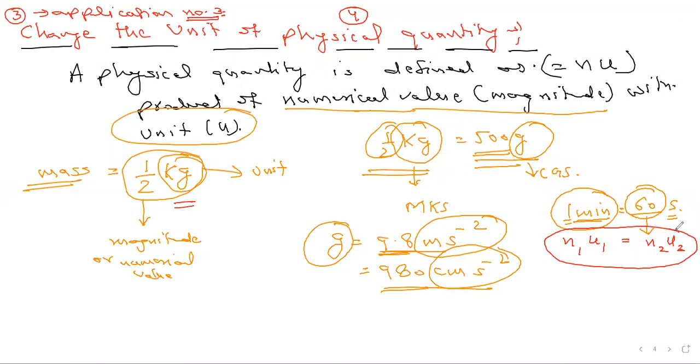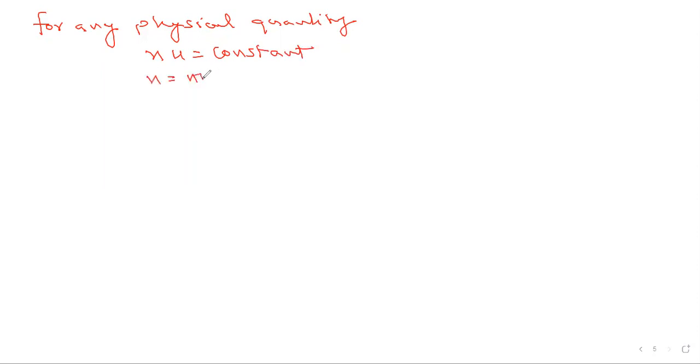So for any physical quantity, numerical value into unit equals a constant. N is the numerical value, or you may say magnitude, and U is the unit.